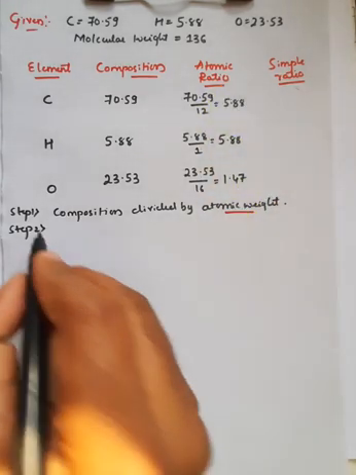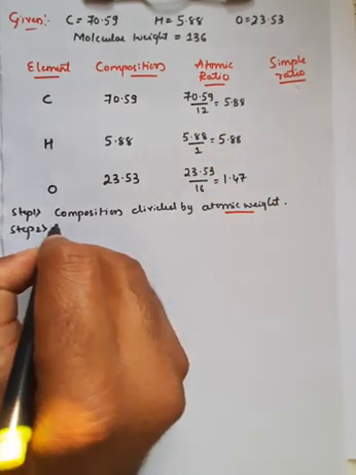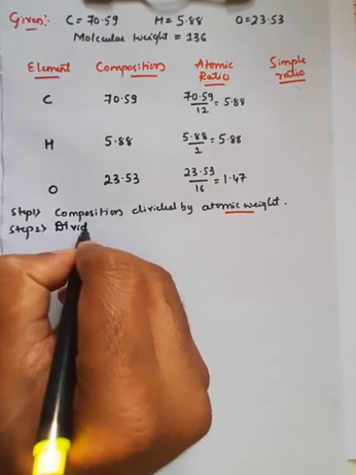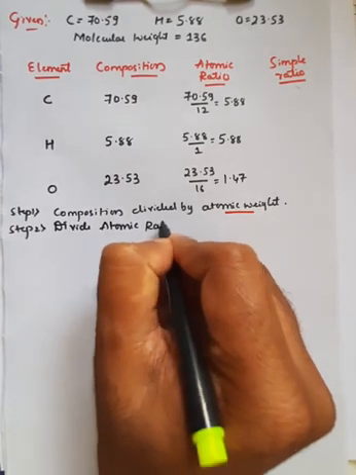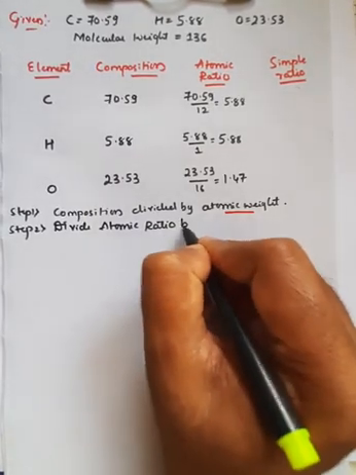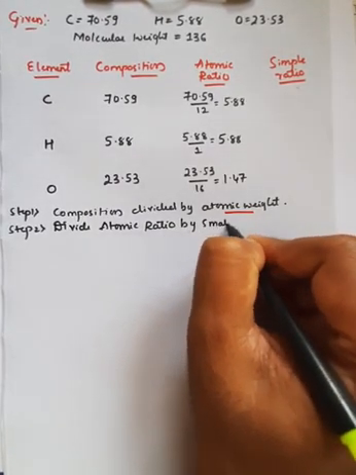That is the second step: divide the atomic ratio by the smallest value.